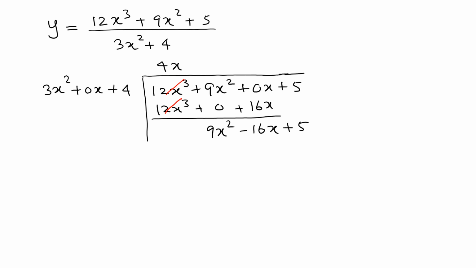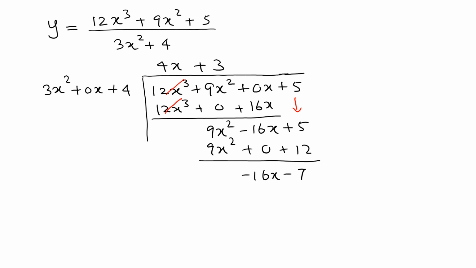You see that the 3 is missing, so you get plus 3. So you get 9x squared plus 0, and then plus 12. Now when you subtract, you get negative 16x minus 7.